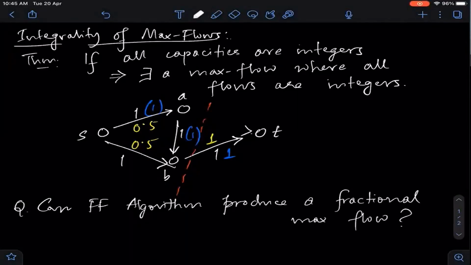We know that the Ford-Fulkerson algorithm gives us a maximum flow. We have already talked about the algorithm, and there is a proof that this is true. But the question is, can this Ford-Fulkerson algorithm produce a fractional flow?